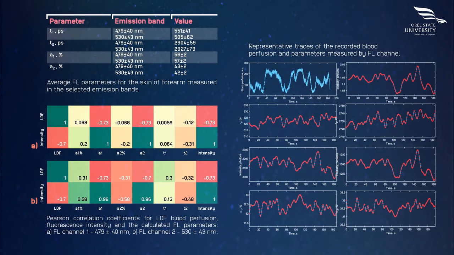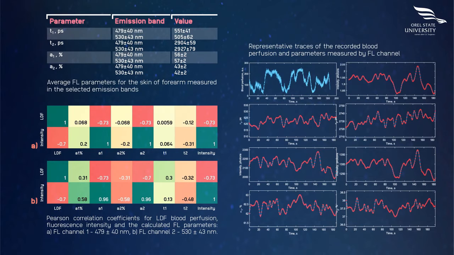The dynamics and shape of the time series traces for channel 2 with a filter of 530 nanometers differ from the data from channel 1 with the filter of 470 nanometers. That might be explained by the strong influence of the cellular fractions of FAD in the spectral bands of emission.